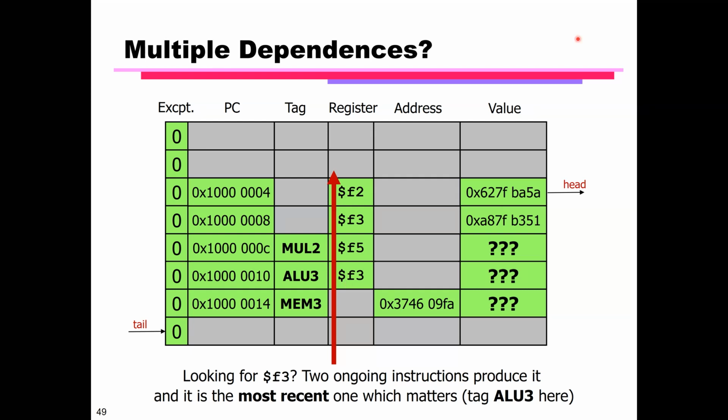Now, whatever I said for registers essentially applies also to memory, right? If I'm doing a load from memory, I also need to worry about the fact that there may be a dependence through memory that has not yet been written in memory, because I'm holding in my reorder buffer also all the stores.